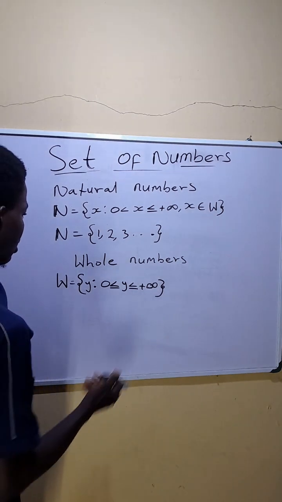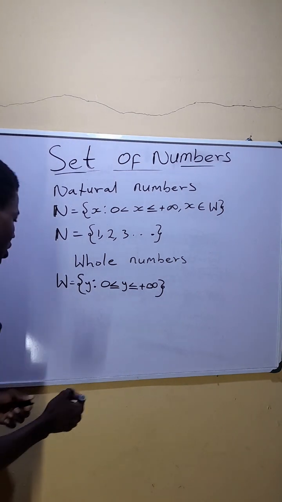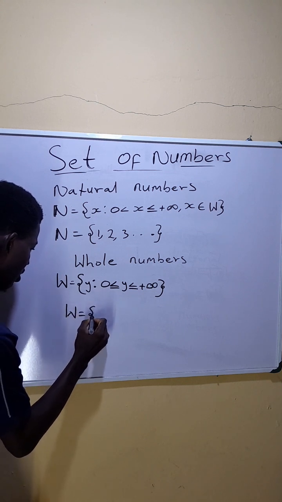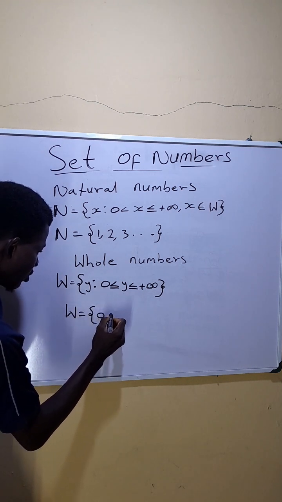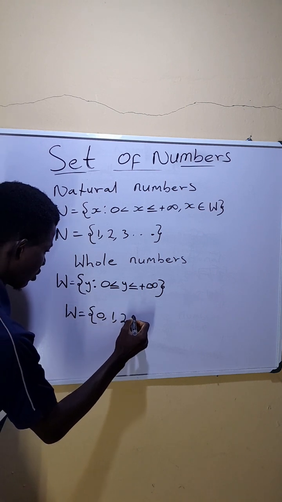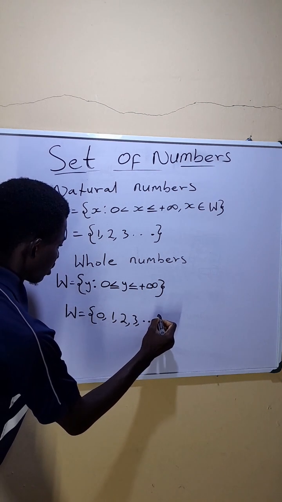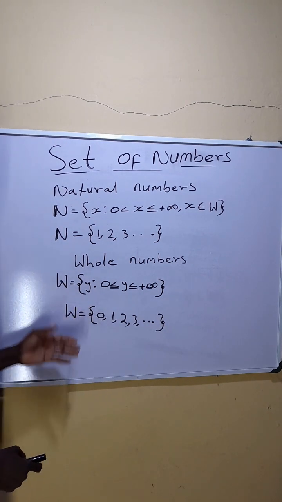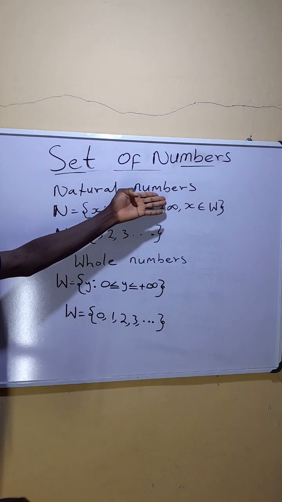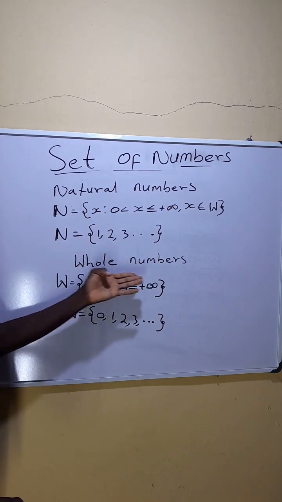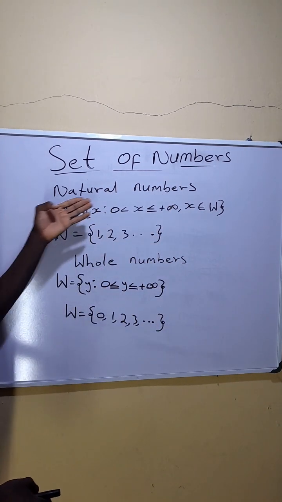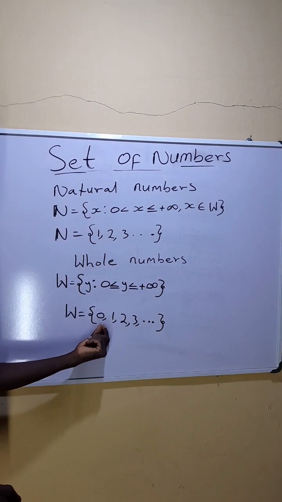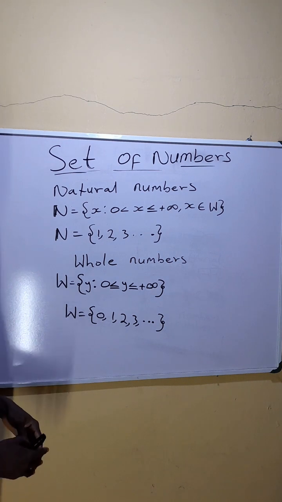So this is the definition of whole number. We can give an example of whole number: 0, 1, 2, 3, and so on to positive infinity. So you can see the difference between natural numbers and whole numbers. In natural number, 0 is not included, but in whole numbers, 0 is included.